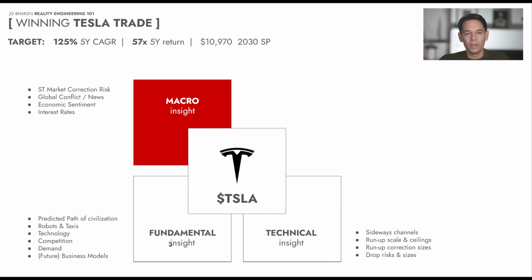Why? Even if you get 100% right on the fundamental level, if you understand, okay, it's going to 10,000, I understand Optimus, I understand the timelines when Optimus launches, very likely end of 2025, maybe 2026. You understand version 13 full self-driving is very much a confirmation we are on the right path for a pilot launch in 2025 for robotaxi.